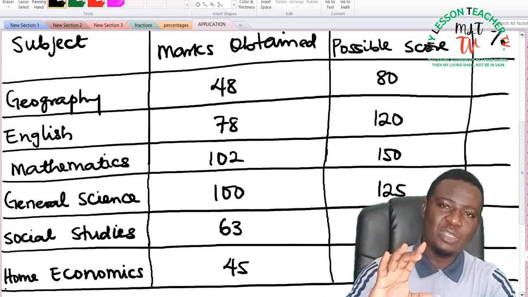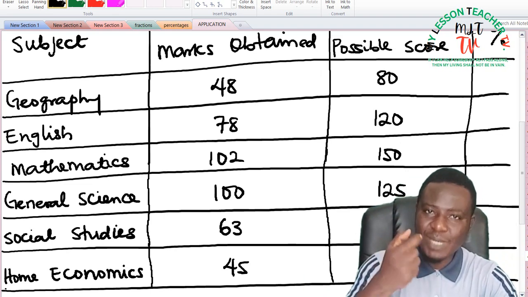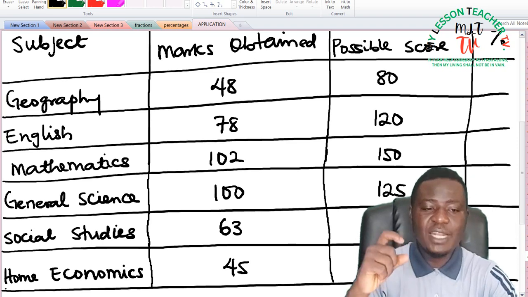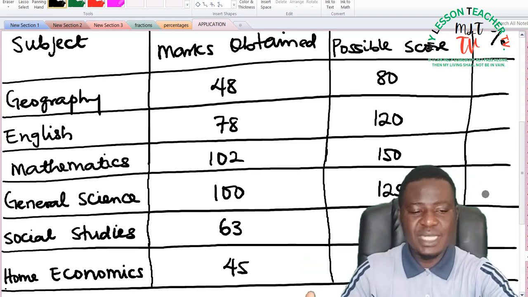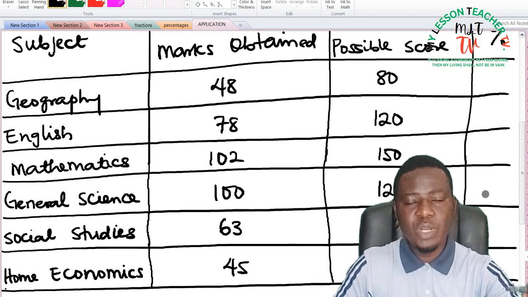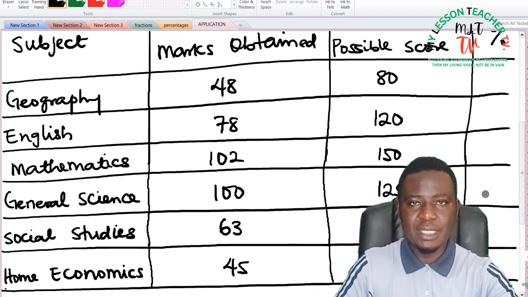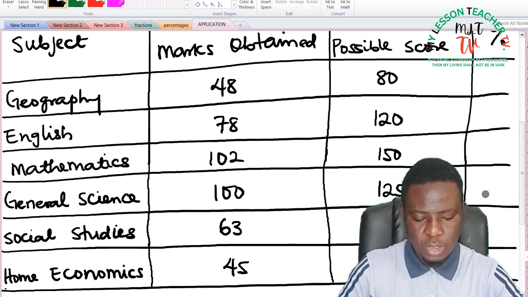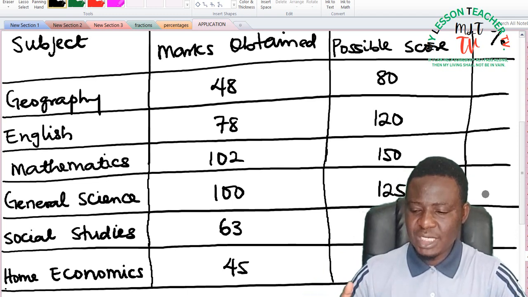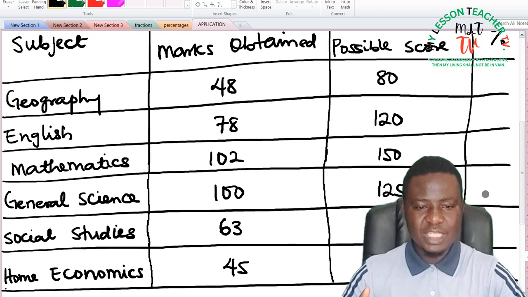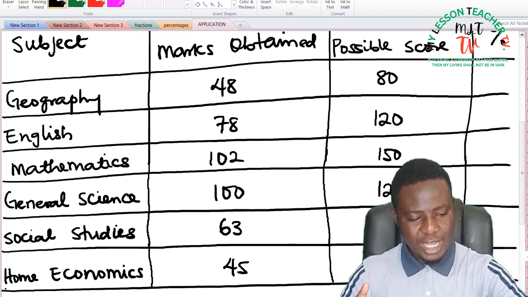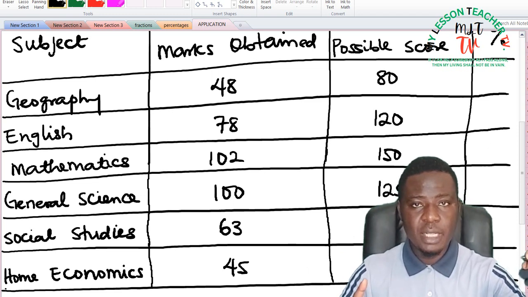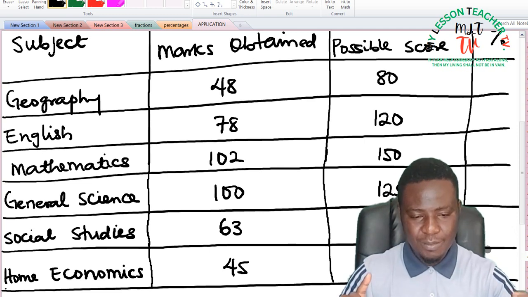So to know the subject he did better, you need to first of all find the percentage. It is the percentage that determines in which subject he did better and which he did the worst. So we shall look for the percentages of each of these, and when we express them, we then compare them.